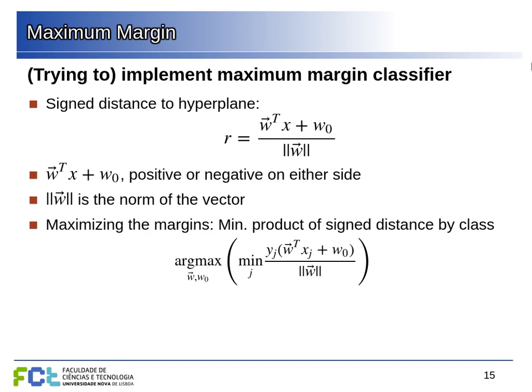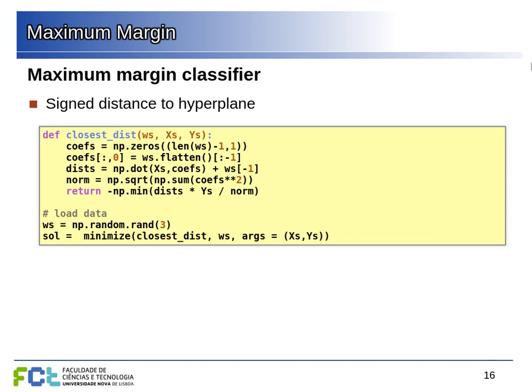And this is easy to implement. All we need to do is define this closest distance function, so we receive all the values for our hypothesis, all the parameters for the vector, the positions of our examples, and the classes for all our examples.